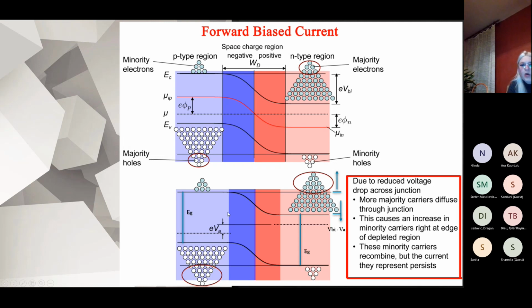And when so many electrons come here into a P-type region, there will be no more equilibrium. So some of the electrons which came here into the P-type region will recombine with holes. Everybody knows that electrons recombine with the holes here, but anyway, the current they represent will persist here.